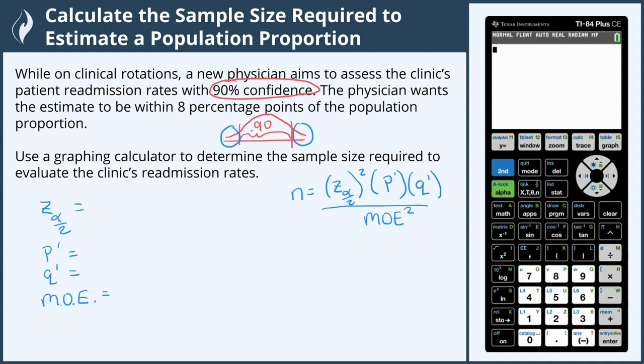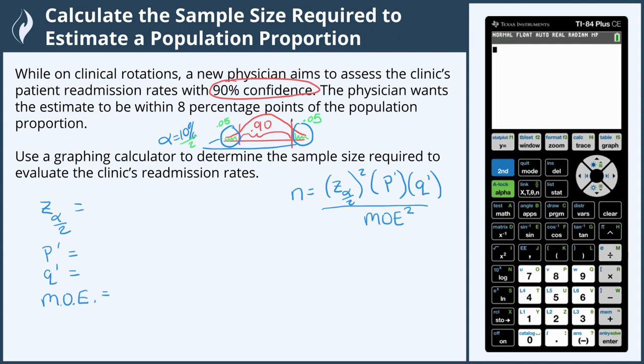Because it all adds up to equal 1 or 100%, this means that the two together are alpha, which is 10%. So we need to divide this by 2 to get how much is under each of the tails for the outside of the confidence. So this is 0.05, and this is also 0.05.